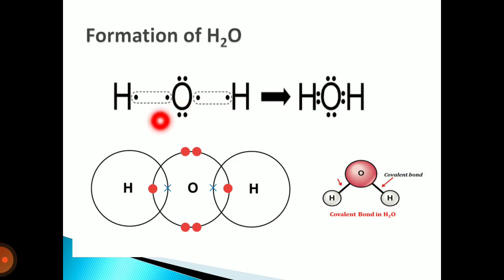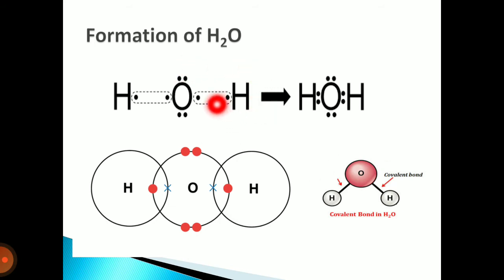So during the formation of this water molecule, each hydrogen atom contributes its 1 valence electron to share mutually with the central oxygen atom. The oxygen atom has 6 valence electrons, so it also contributes 1 electron to share mutually with each hydrogen atom. So that hydrogen completes its duplet and the oxygen atom completes its octet.